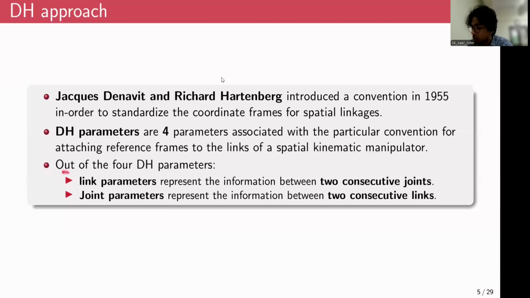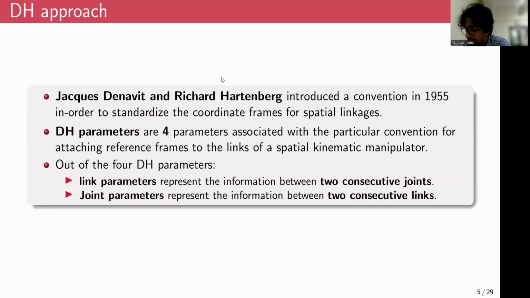Out of these four DH parameters, two of them are called link parameters. They basically represent the information between two consecutive joints. And the other two parameters are called joint parameters, and they represent the information between two consecutive links.